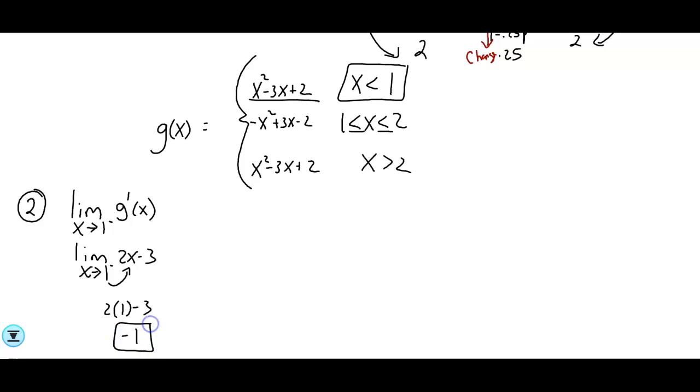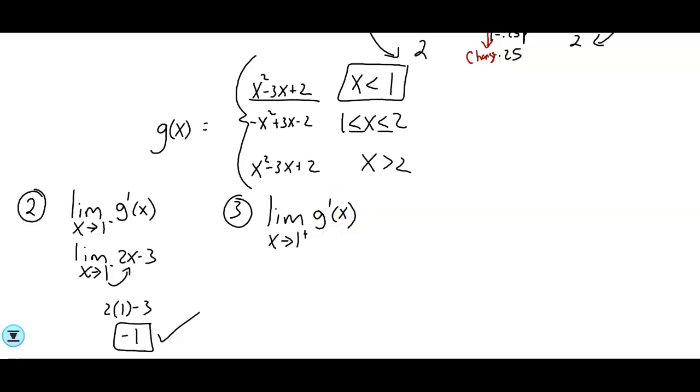So there's my answer. So the slope from the left of 1 is negative 1. All right? But let's do another question. What if I was asked to find the slope from the right of 1?